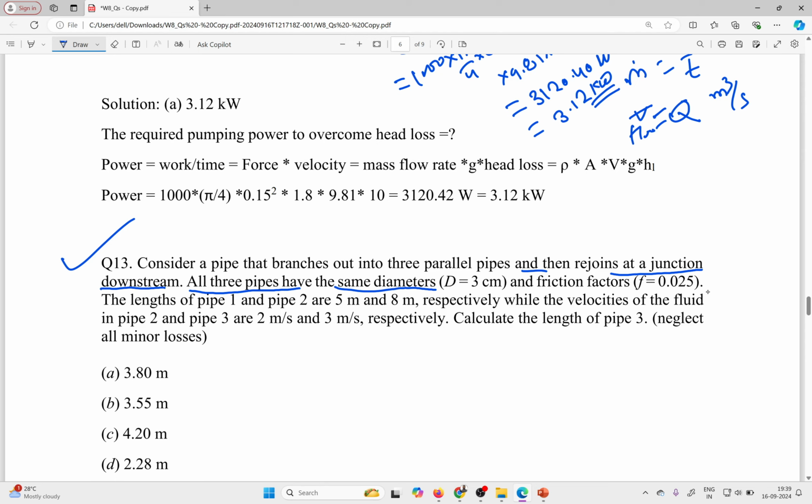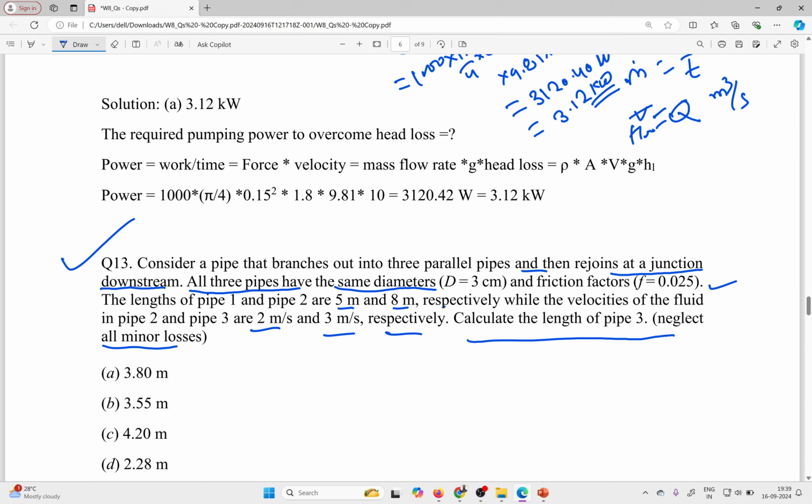The friction factor is 0.025, the lengths of pipe 1 and pipe 2 are 5 meter and 8 meter respectively, while the velocity of fluid in pipe 2 and 3 is 2 meter per second and 3 meter per second respectively. Calculate the length of pipe number 3. Neglect the minor loss.